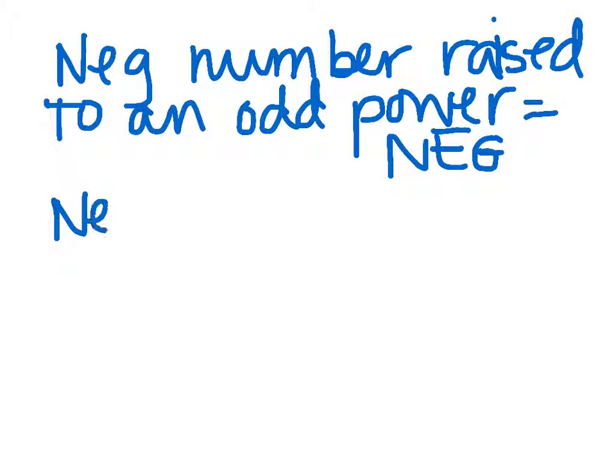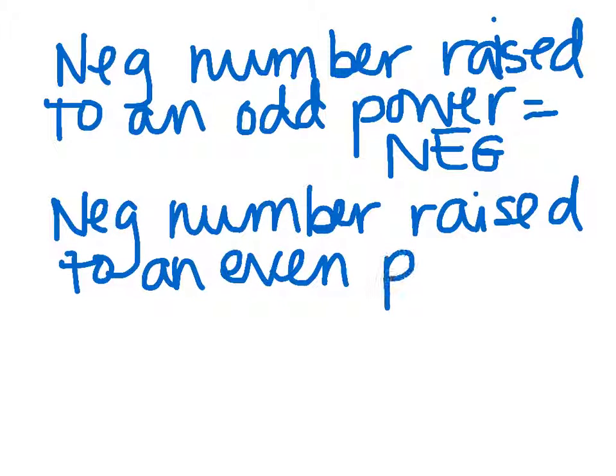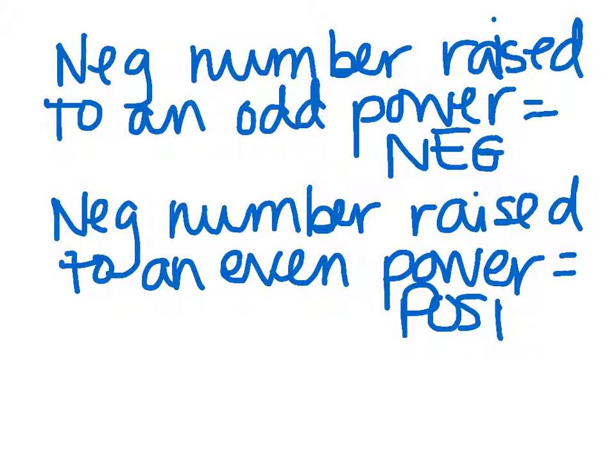A negative number raised to an even power equals a positive, because an even number of negative signs always gives me a positive number. Remember, a positive number raised to any power is always going to be positive. We don't have to worry about those. We only have to worry about when we're raising negative numbers to a power.